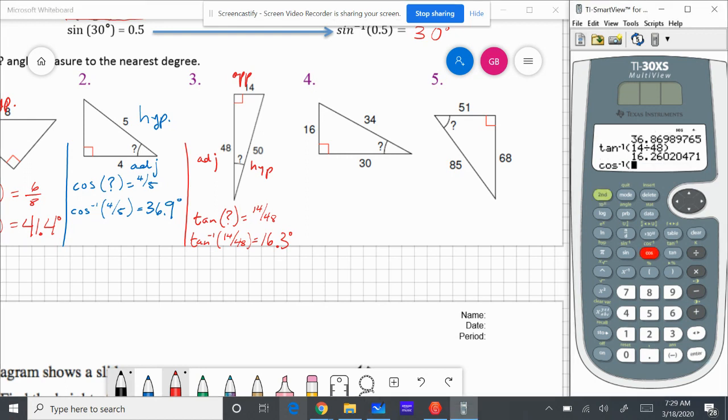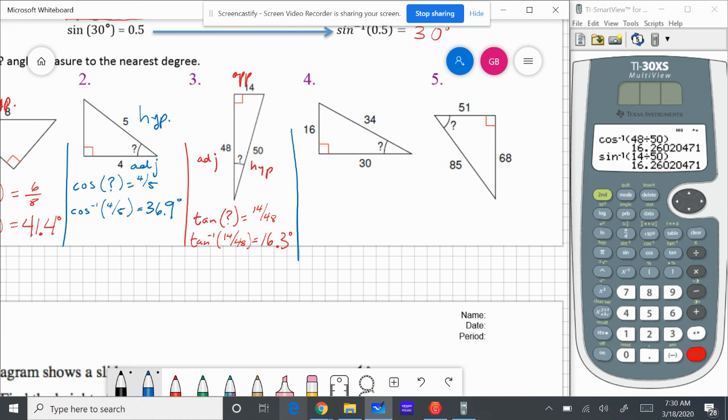So the cosine would be adjacent over hypotenuse, or 48 over 50. Notice that you still get the same angle in the calculator. Or if I use the sine of that angle, it's going to be 14 over 50. And you still get the same angle. Okay?